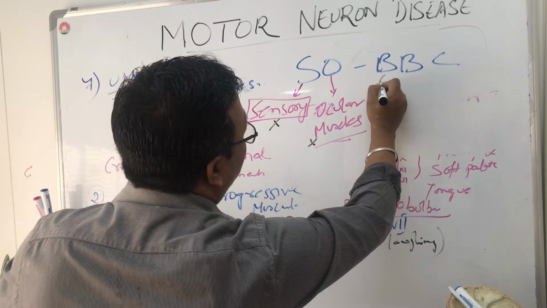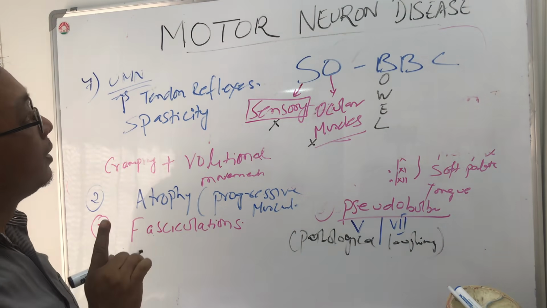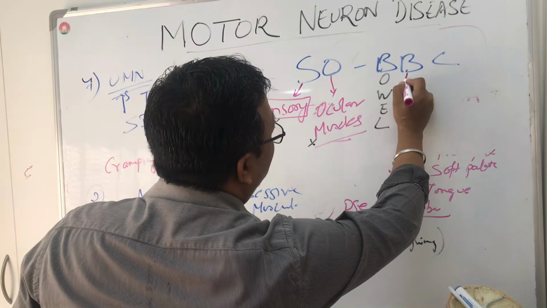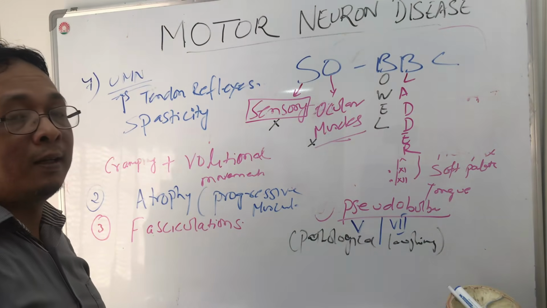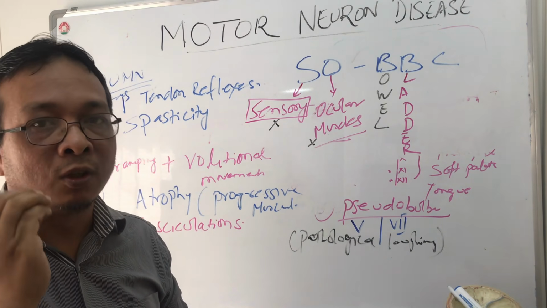Then this is for bowel. There are no bowel symptoms in motor neuron disease. And B for bladder. The urinary bladder is not affected. And very interestingly, the intelligence, the cognitive part, is not affected.